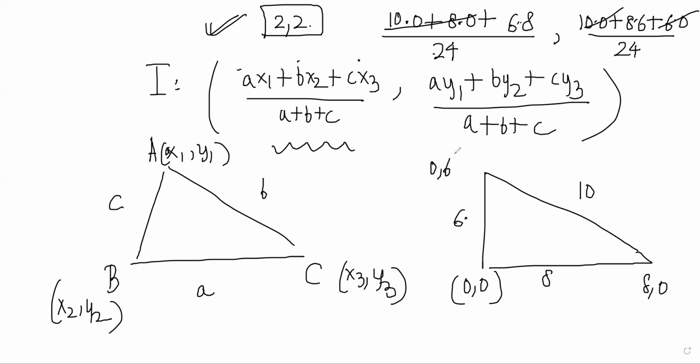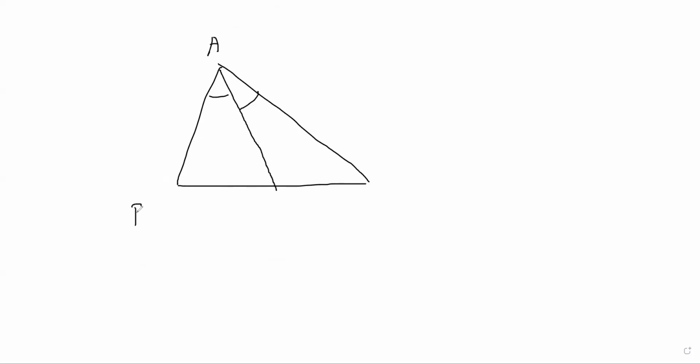This formula is derived because we know that the angle bisector divides the opposite side in the ratio b is to c, and the incenter divides any angle bisector in the ratio (b + c) is to a. So there are two theorems here that are working. I will just briefly tell you. First is the angle bisector theorem. So if this is an angle bisector from A, and this side is b and this side is c, then this point D is such that BD by CD will be in the ratio of c is to b.